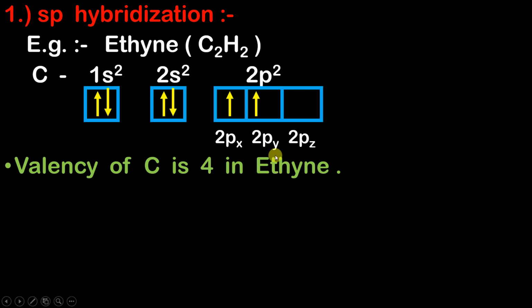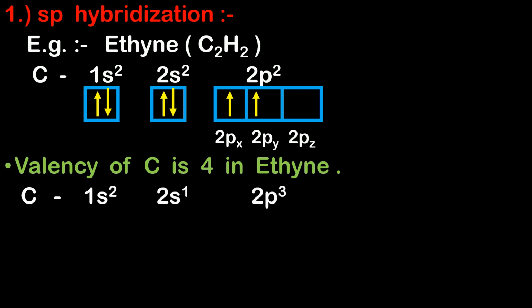But here if you observe, since the valency of carbon is 4, we require 4 unpaired electrons, but here we have only 2 unpaired electrons. So guys, in other words, can I say that we require 4 half-filled orbitals, which means 4 orbitals in which there must be 1 electron each.